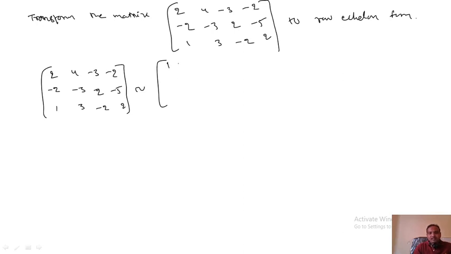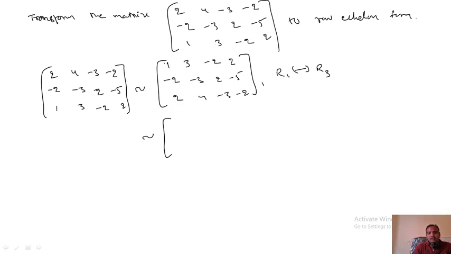When you interchange, you get 1 3 -2 2, -2 -3 2 -5, 2 4 -3 -2. Here I am applying R1 interchange to R3. Now, using this pivot, convert these two numbers to zeros. The first row is 1 3 -2 2.